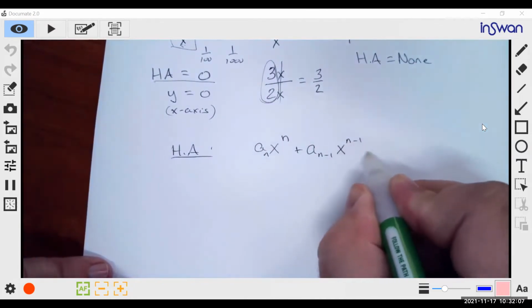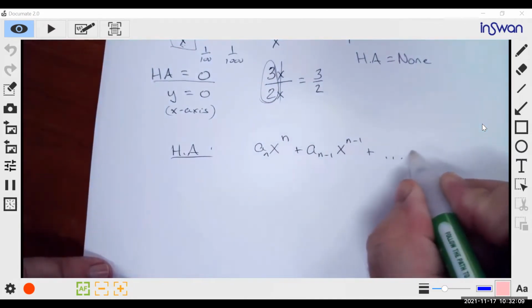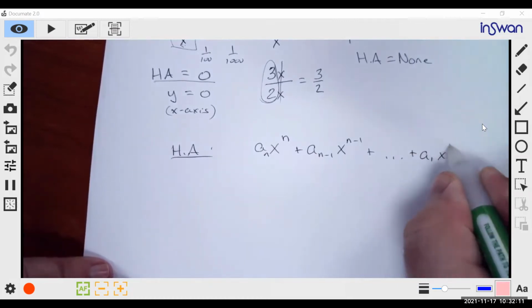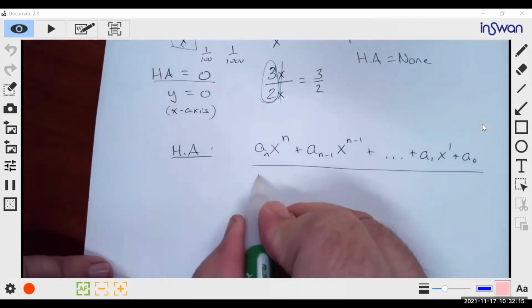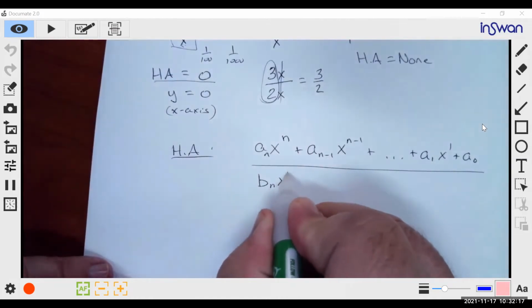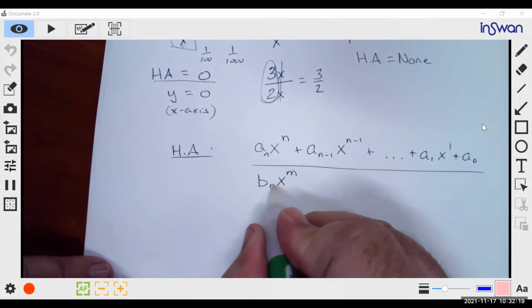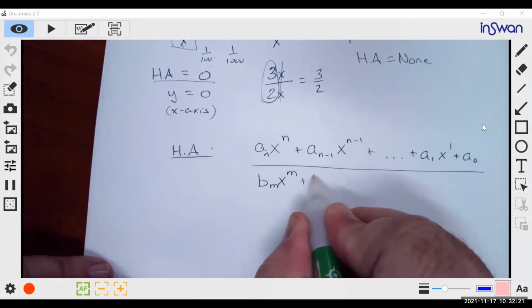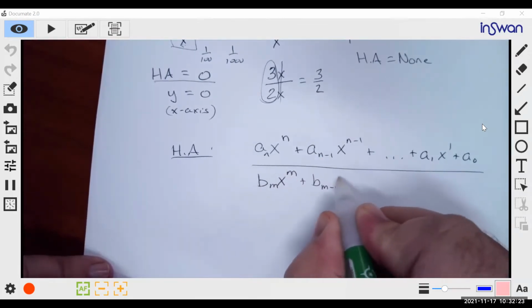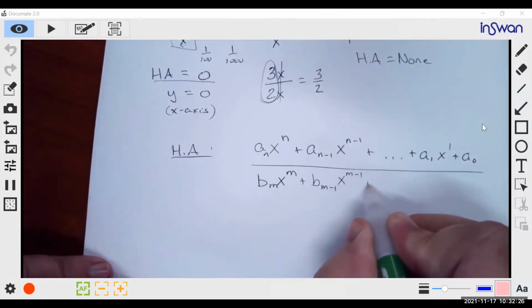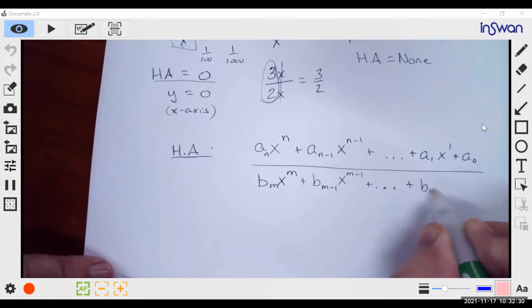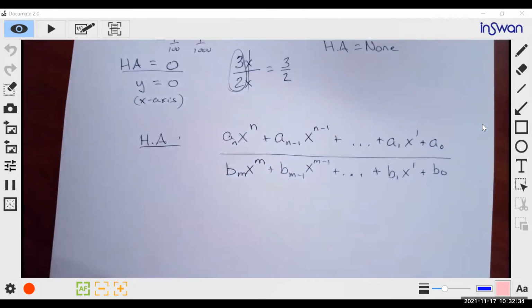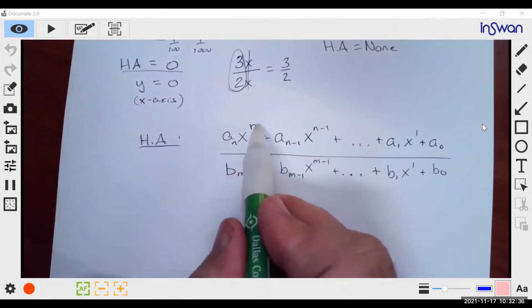Remember, this is what our polynomials looked like. So, on top, I have x to the power n.